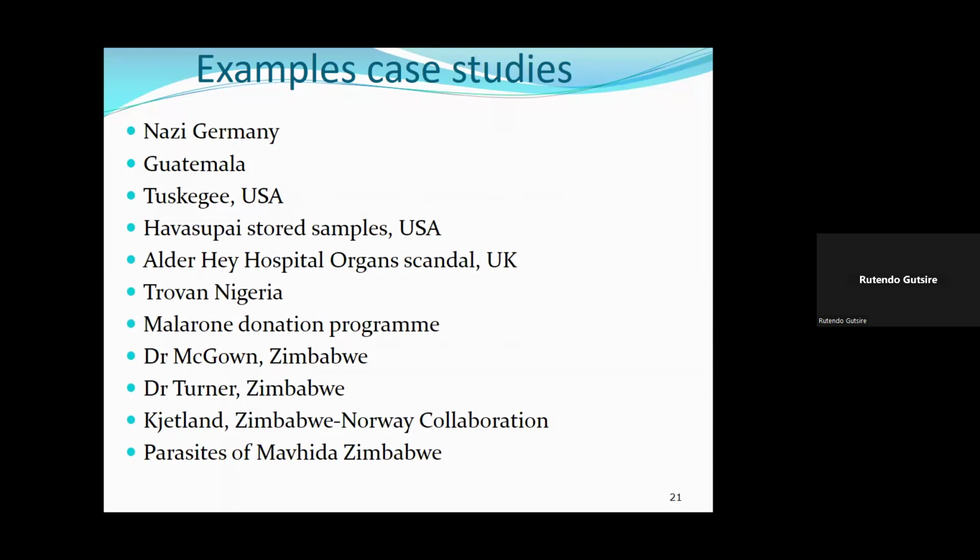So this was a researcher or a professor at a university in the USA. They collected samples from the local Indian population for diabetes testing. But they went on, they took the samples, put them in the freezer. Then over 10, 15 years, they started carrying out genetic research on the samples, research that the community didn't approve of.